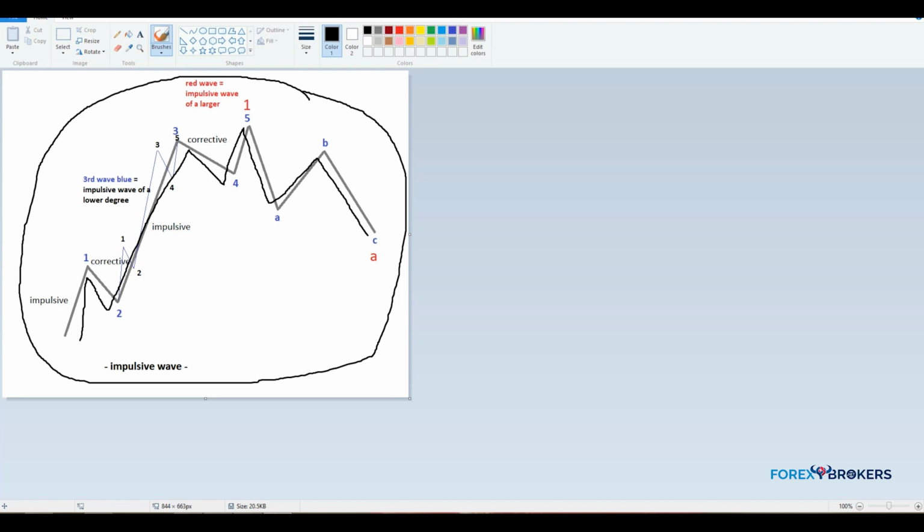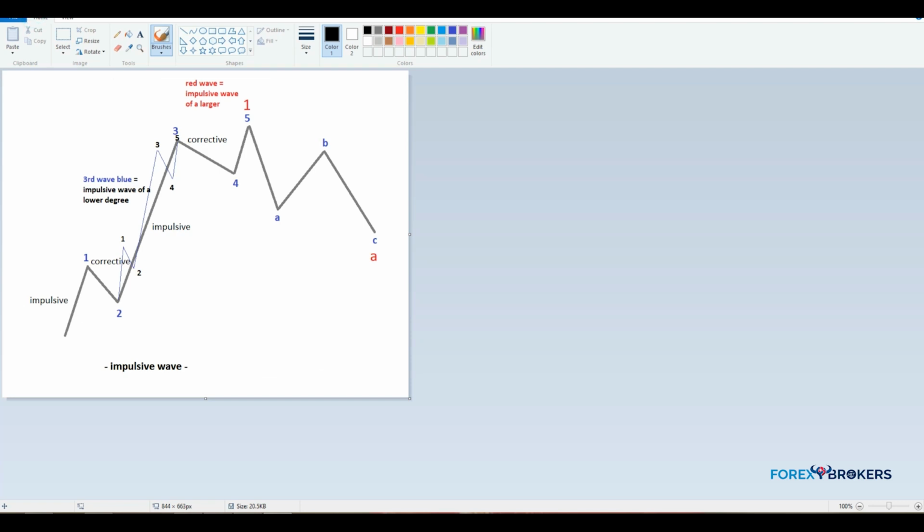Namely, any impulsive wave has a 5-wave structure: 1, 2, 3, 4, 5. But even the first wave, this one here, is formed of a lower degree 1, 2, 3, 4, 5, corrected by an ABC.